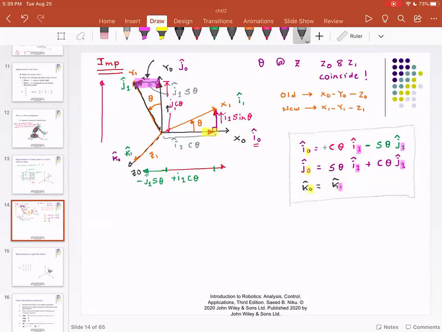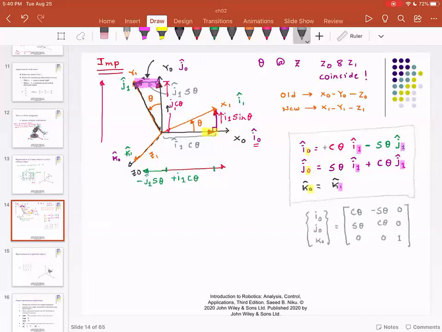This equation, now it will be clear in just a second, can be written as I naught, J naught, K naught is equal to the matrix: cosine theta, sine theta, 0; minus sine theta, cosine theta, 0; 0, 0, 1.